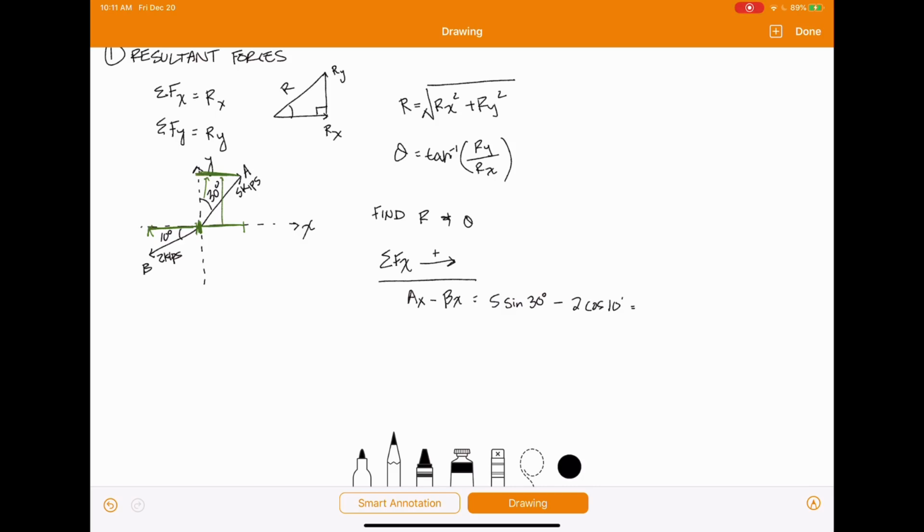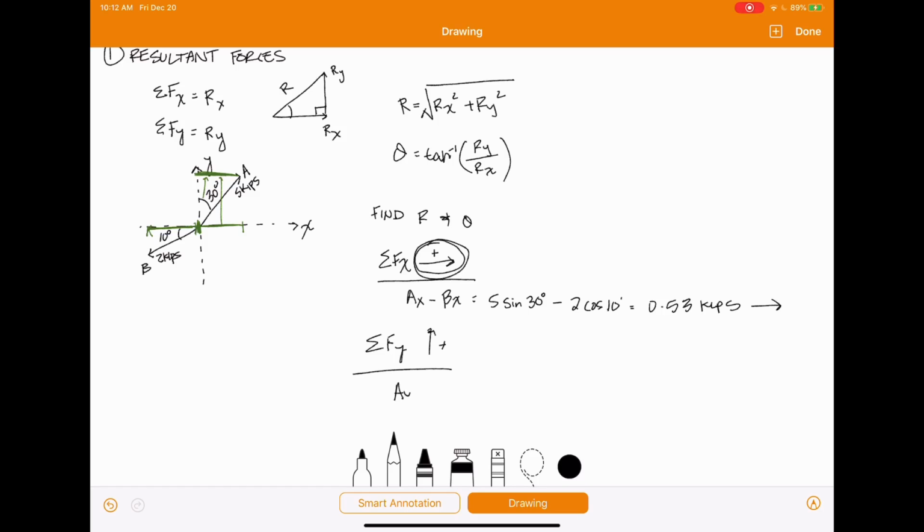Now when you plug that in, you get 0.53 kips, and that's positive. So we know, because we established positive as being this direction, that it's going to be 0.53 kips going that way.